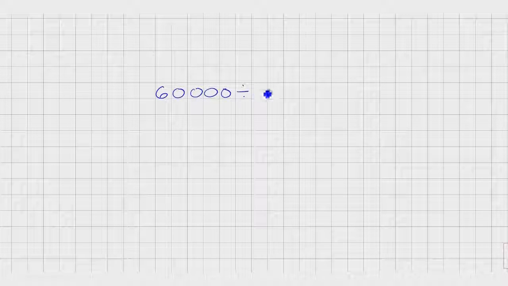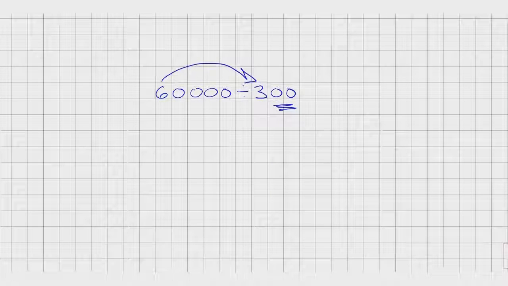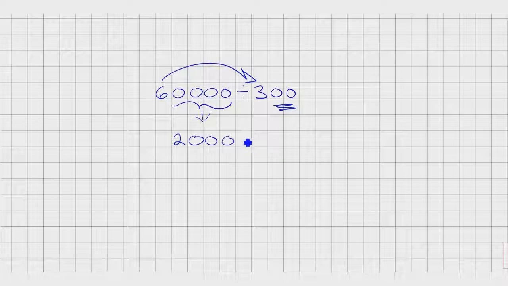We have 60,000 divided by 300. And I just told you, don't worry about the zeros. Just do 6 divided by 3. Well, that gives us a 2. And then I'm just going to rewrite these zeros right here. 1, 2, 3, 4.